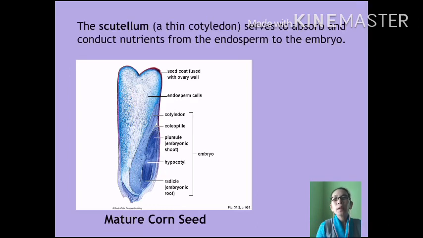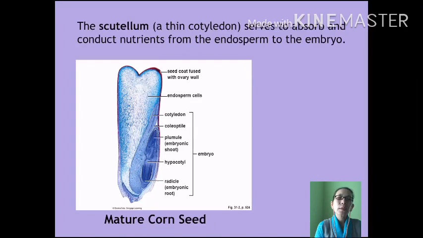So, in this way we find that the stages of embryo development in the monocot include the 4 stages, which are the proembryo stage, globular stage, scutellar stage, and the coleoptilar stage.